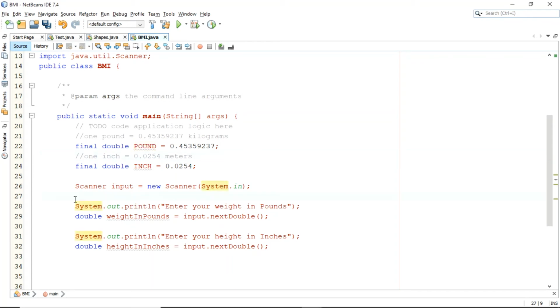So here, prompt the user to enter the weight in pounds, prompt the user to enter the height in inches.